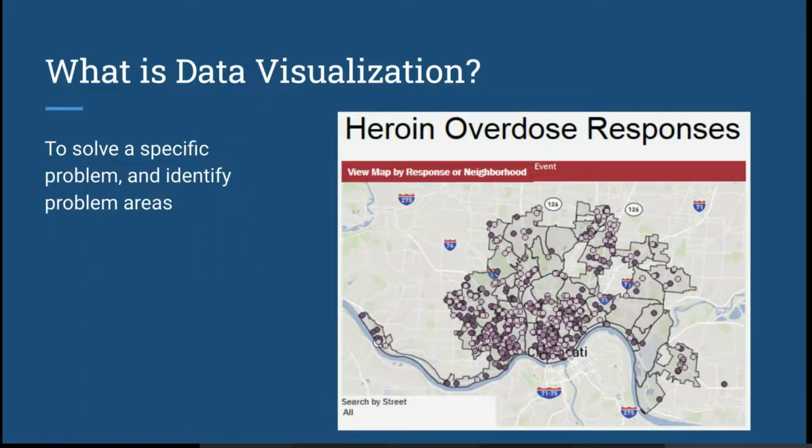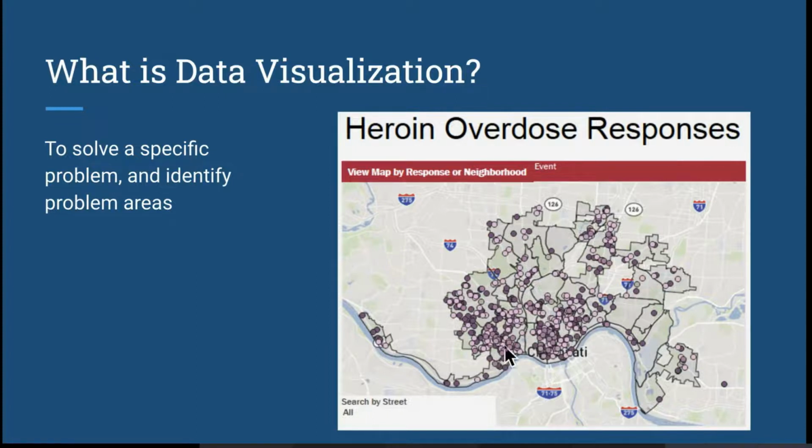Another example of a good visualization is this chart on the overdose situation of heroin in the U.S. city of Cincinnati. So sometimes a chart can also be used to identify areas of concern.